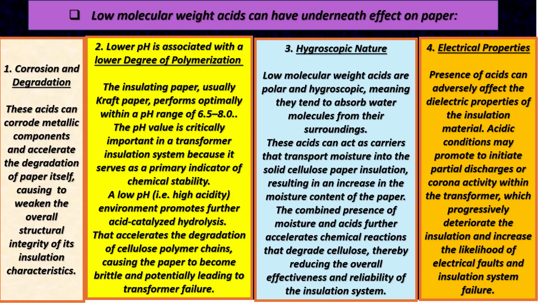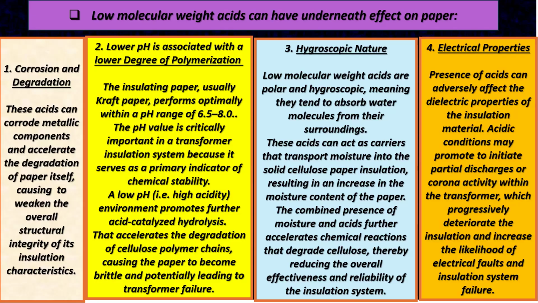The insulating paper, usually kraft paper, performs optimally within a pH range of 6.5 to 8. The pH value is critically important in a transformer insulation system because it serves as a primary indicator of chemical stability.